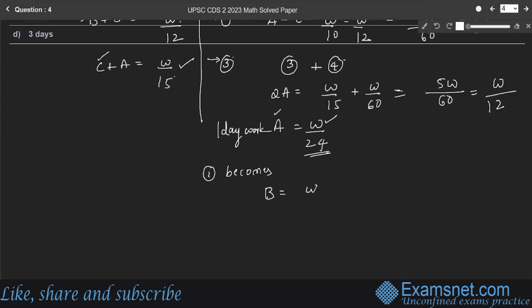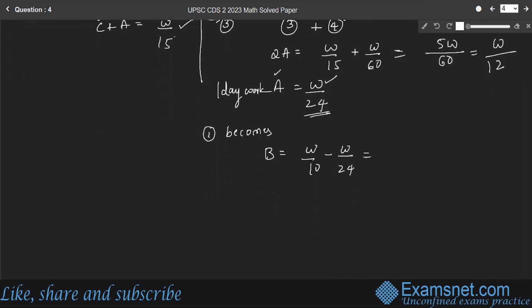So B is W by 10 minus A, which is W by 24. Since LCM is 120, 24 into 5 and 10 into 12. So the numerator becomes 12W minus 5W. Therefore, 1 day work of B is 7W by 120.